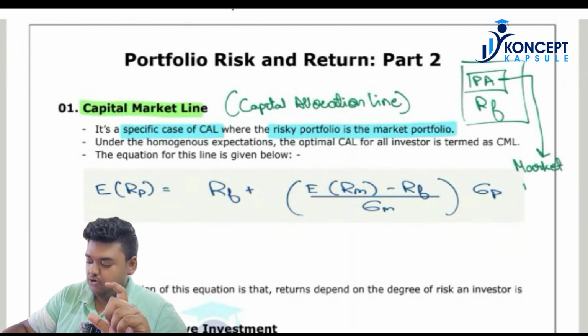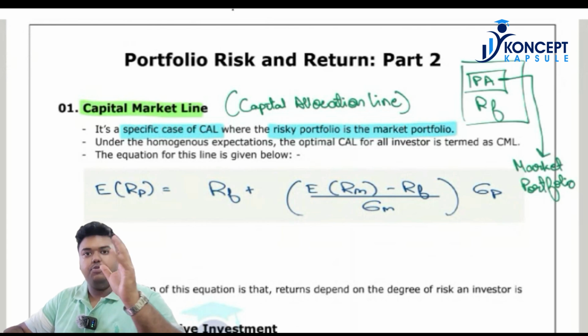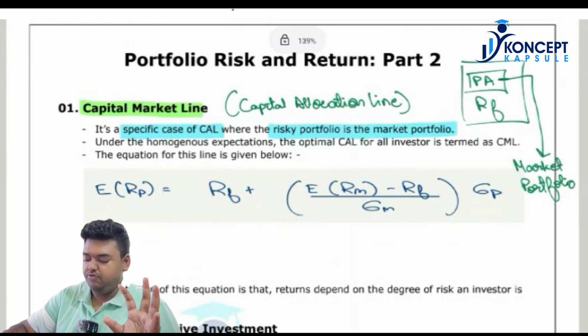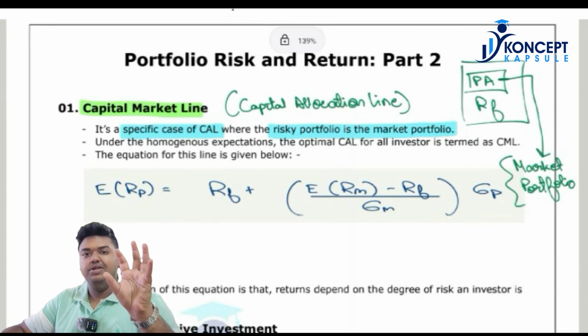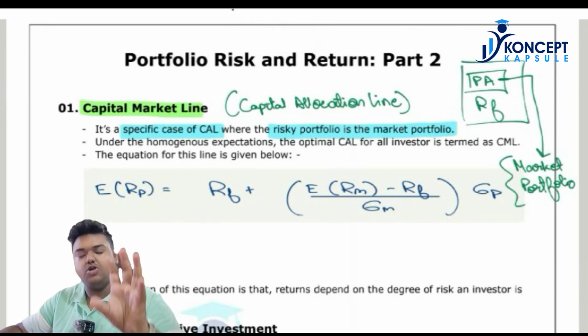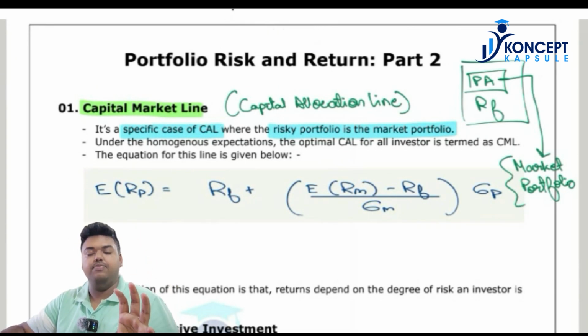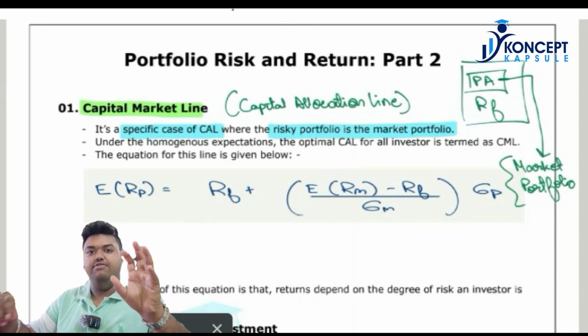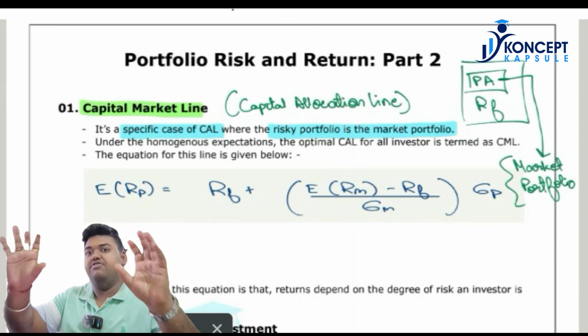Now you will ask a very pertinent question. What is a market portfolio? A market portfolio is an imaginary portfolio consisting of all the stocks that are available in the market. If the market has 500 stocks, then we will assume that this portfolio has 500 stocks.